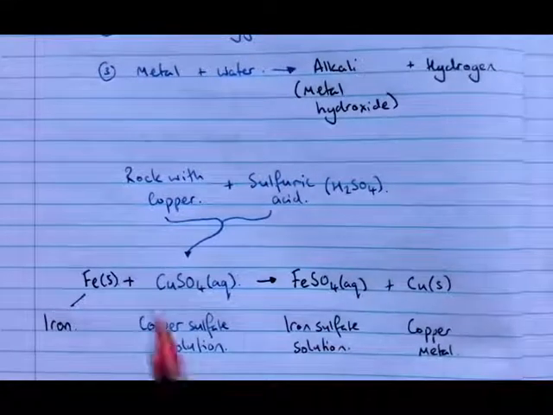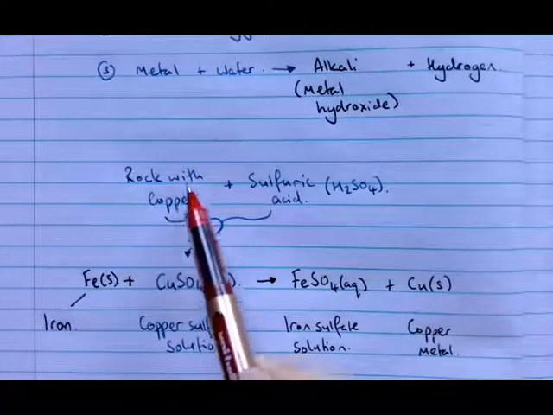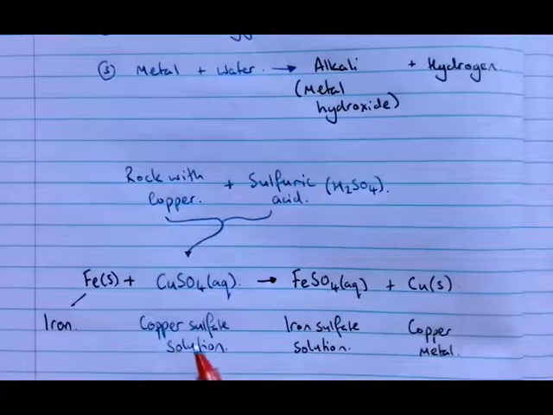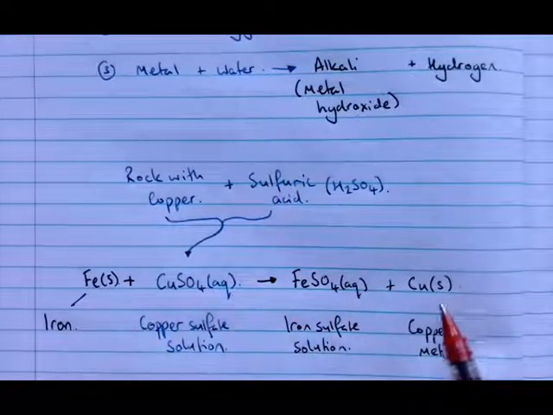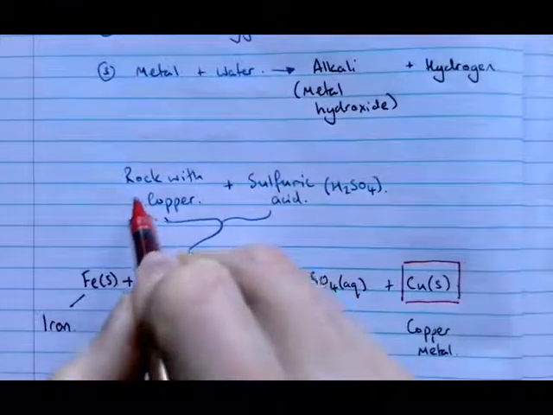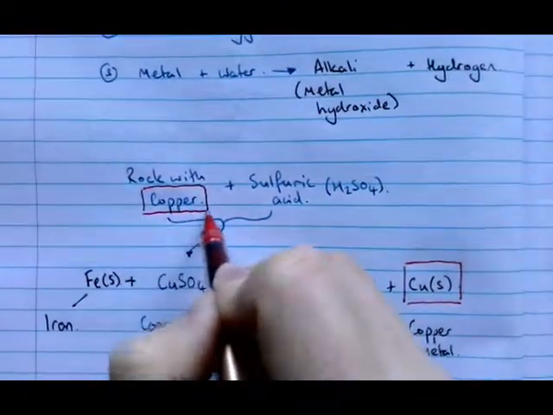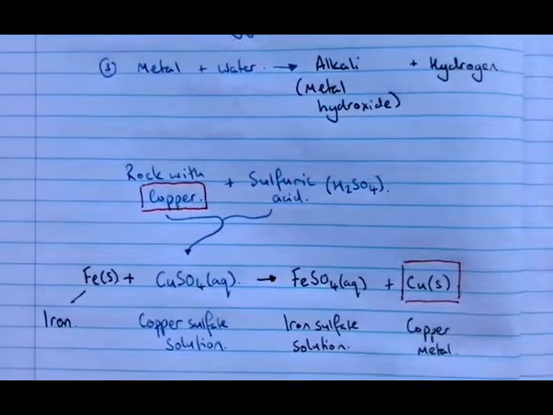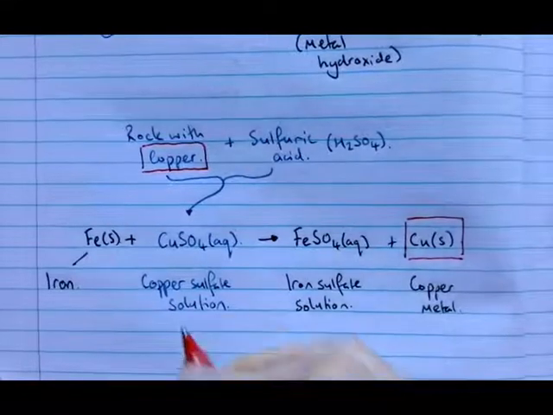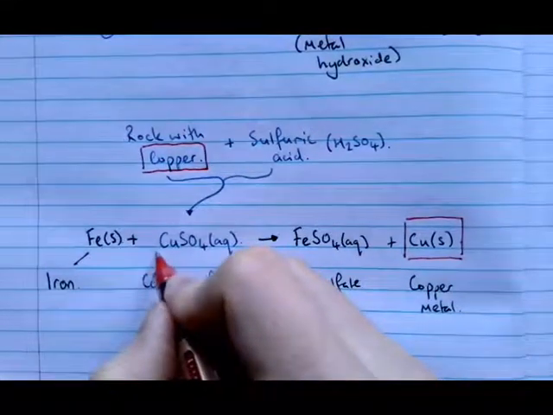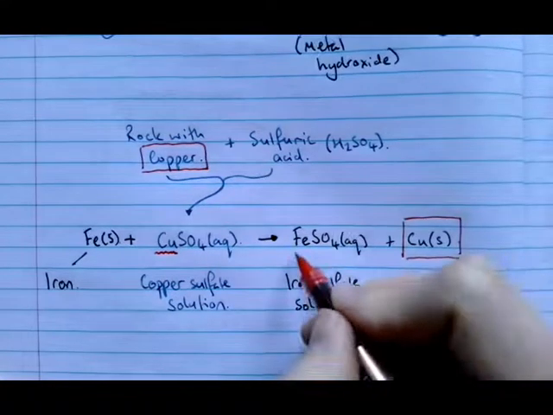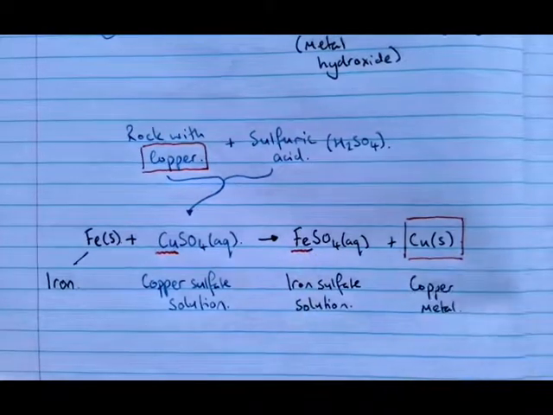So you remember that I started with a rock that had copper in it, and I wanted the copper, so I reacted with the acid to give me my solution of copper sulfate, and I add in iron, and that gives me my copper metal, this thing here that I want. I managed to extract that from the rock with copper in it. So, how has that happened? Well, you can see that here I start with copper in my copper sulfate, and I end up with iron in my iron sulfate.